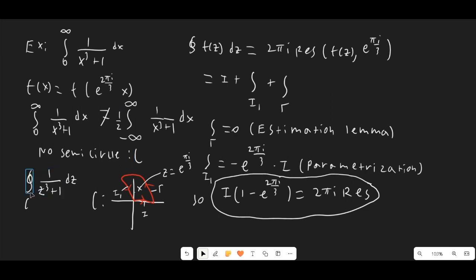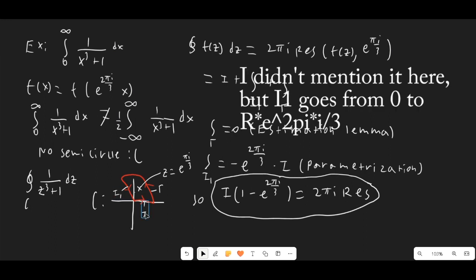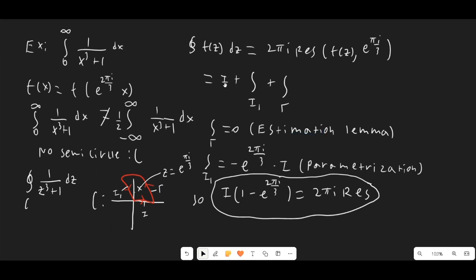So if we consider the contour integral over the circular sector of 1 over z cubed plus 1 dz, we have this I1, we have a pole at z equals e to the pi i over 3, and we have this gamma contour, of course. So the integral of f of z dz is going to be 2 pi i times the residue at that point, and it's going to be equal to our integral I, which is the integral over the real axis, plus this integral over I1, plus this integral over gamma.